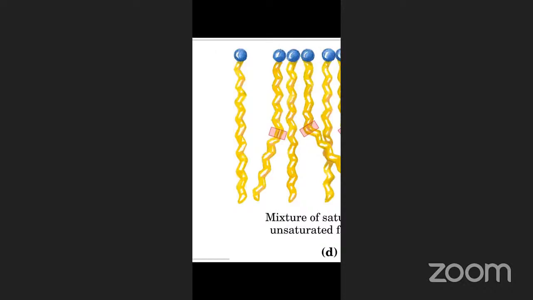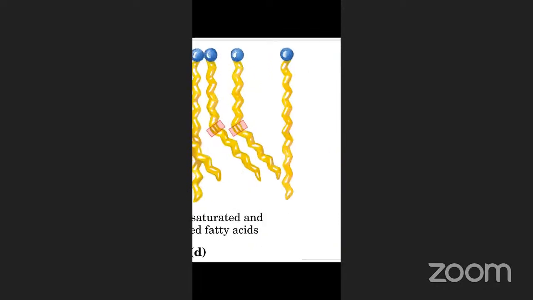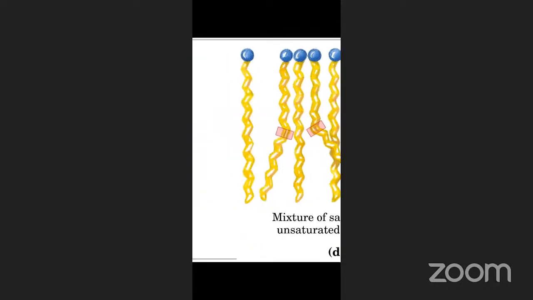Every chain has that same structure. So how can we differentiate between saturated and unsaturated fatty acids without knowing their formula? In the first chain, it is saturated, that means only single bonds are present. How am I telling? Because it is straight.